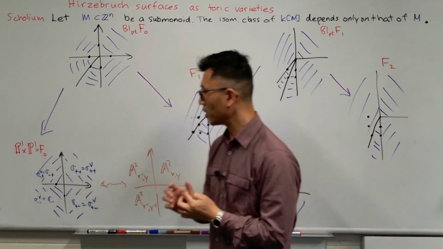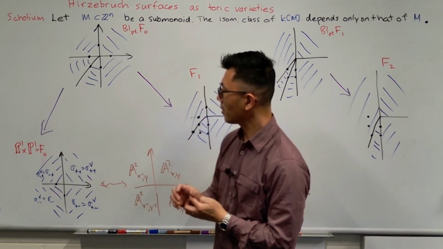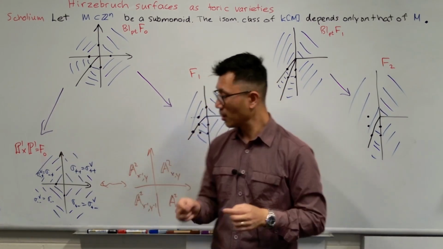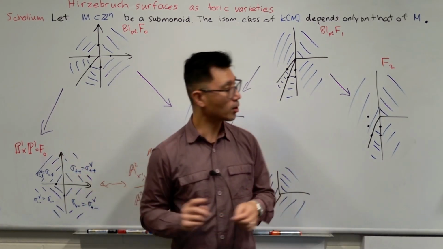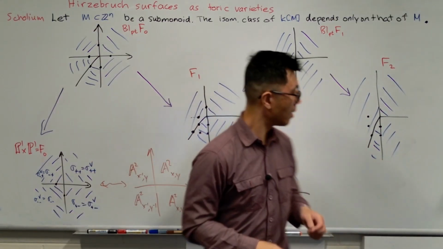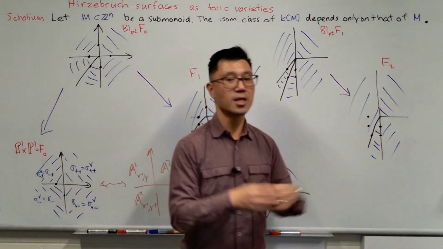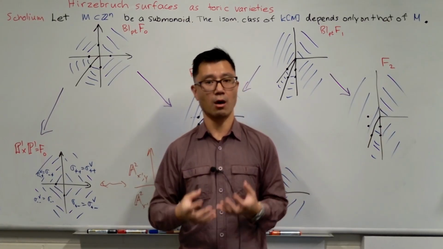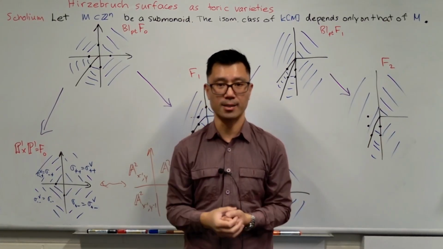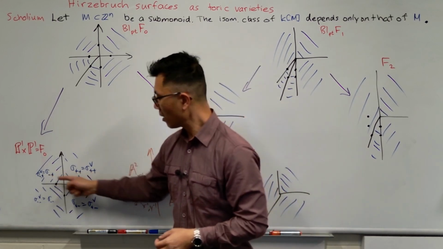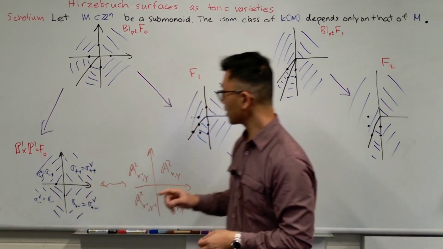Okay, so just roughly to see what happens if you want to see what happens when you go from F0 to F1 to F2, in all cases, F0 here, F1 here, and F2 here, you see there are always 4 cones. That means that the surface is a union of 4 affine planes. But how does it change? So here, these right two are always the same.